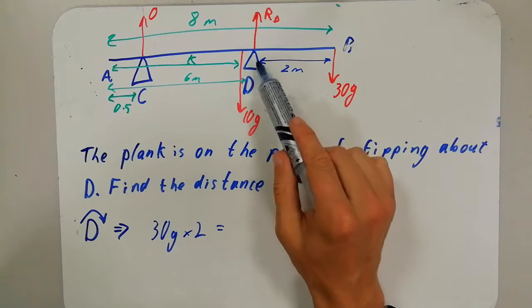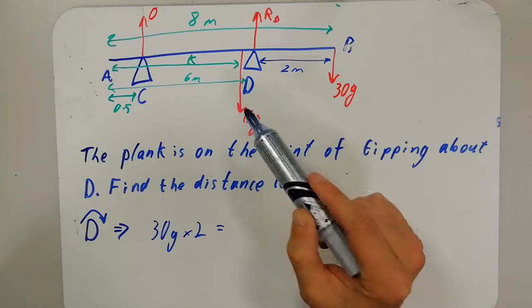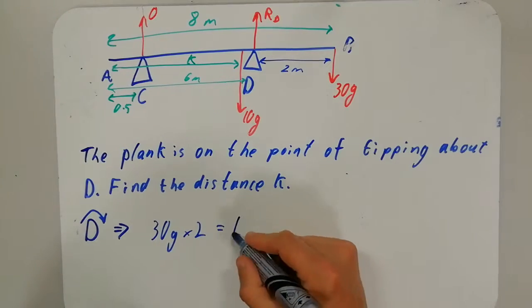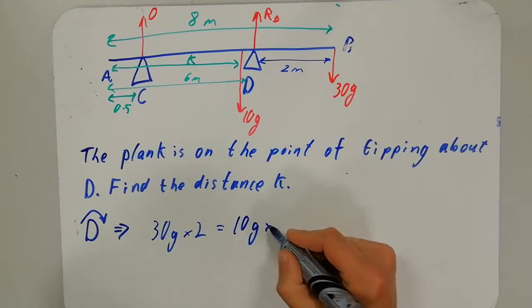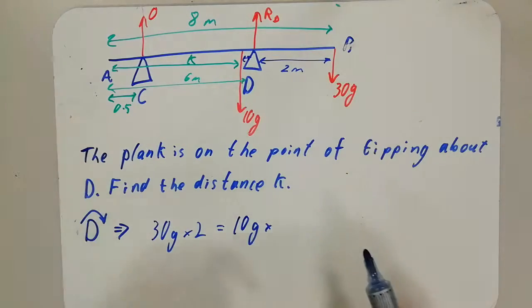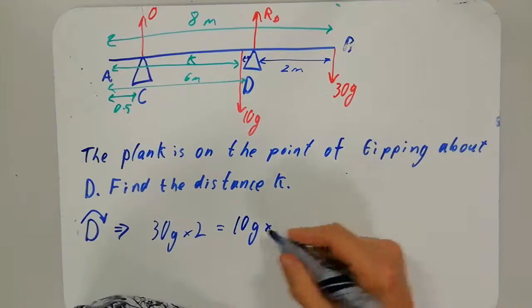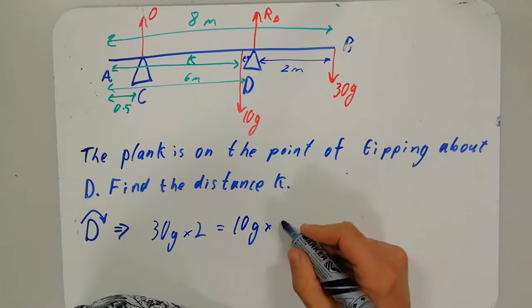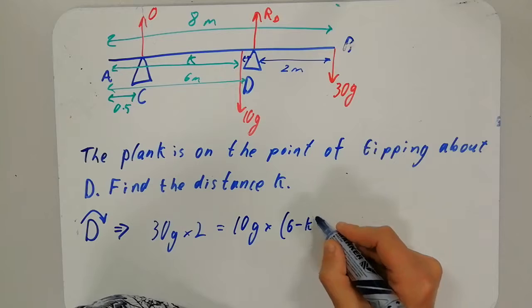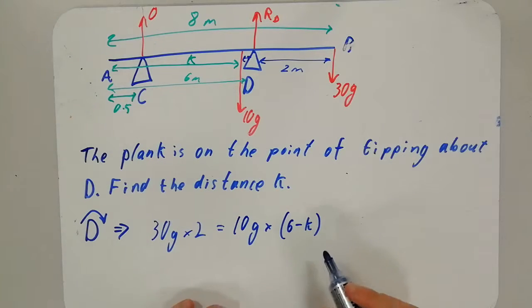And then I also have this force here. So 10g multiplied by, well, I'm actually measuring that distance now, so it's not K, that's going to be 6 minus K as that distance.